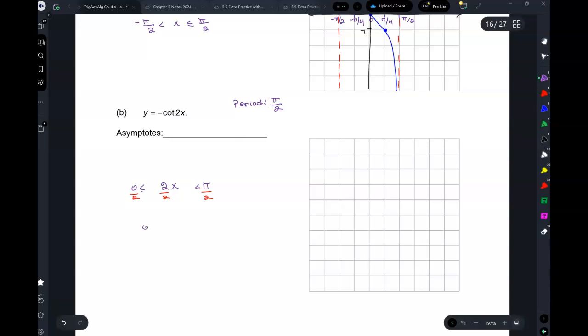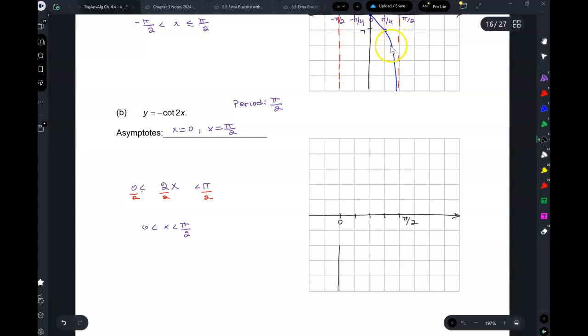So we are going from 0 to pi over 2. So asymptotes are x equals 0, x equals pi over 2. Okay, so here we go. All right, 0, 1, 2, 3, 4, pi over 2.